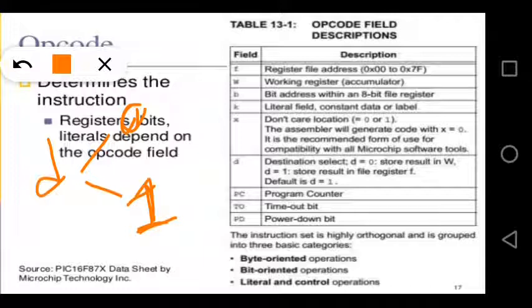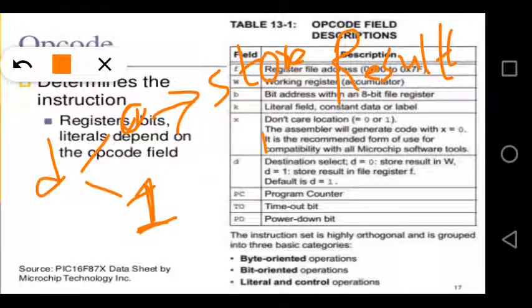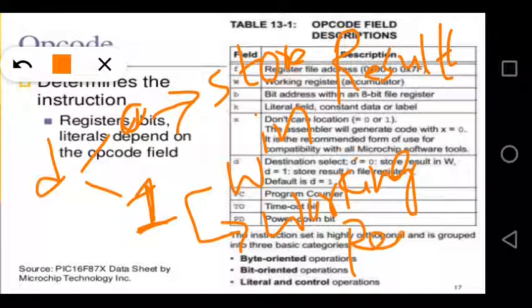So 0 indicates store the result in W. W stands for working register.